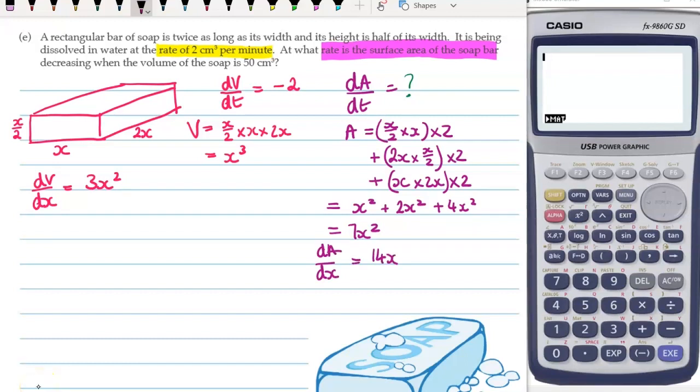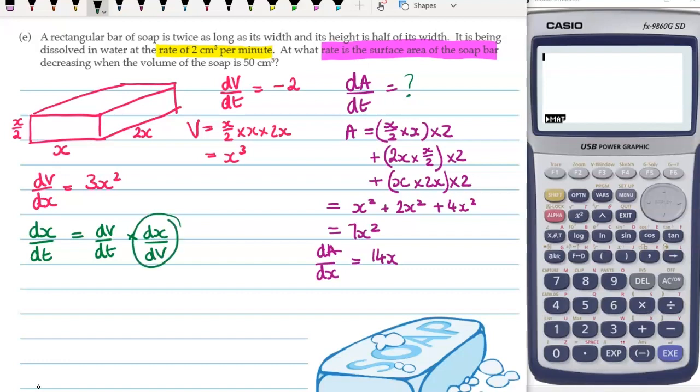So now could I use those to get a different thing? Instead of dV by dt and dA by dt, let's try dx by dt. So dx by dt, if I start with one of the things that I've got, which is dV by dt, then I can turn it into dx by dt by introducing a dx and dividing by dV.